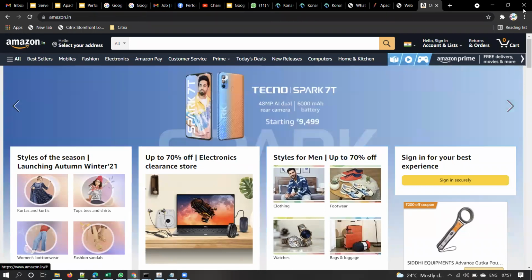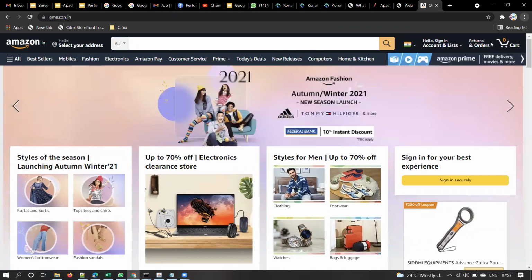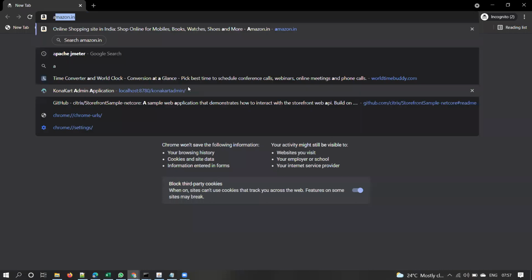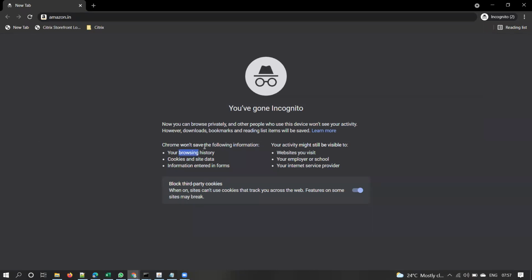Now if you use an incognito window or a private browser and type amazon.in here, private browsers won't save your browsing history. They will not store the browsing history, cookies and site data. So it will be slower compared to the normal browser, because there is no cache mechanism here. Clear?